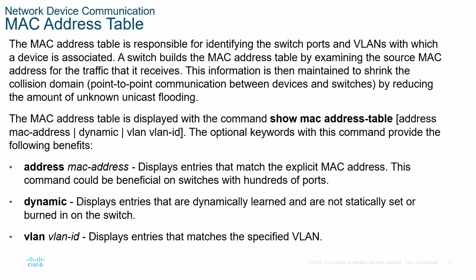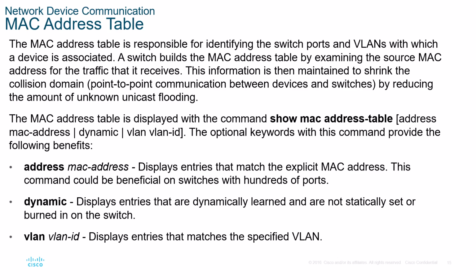To view the MAC address table, you can do a show mac address-table, and then you can say address, MAC address, or dynamic or things like that. So the show mac address-table address will display the entry that matches an explicit MAC address. Dynamic will display the entries that are dynamically learned and not statically learned.